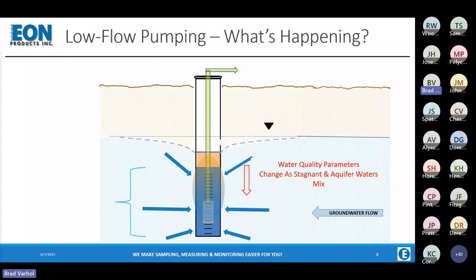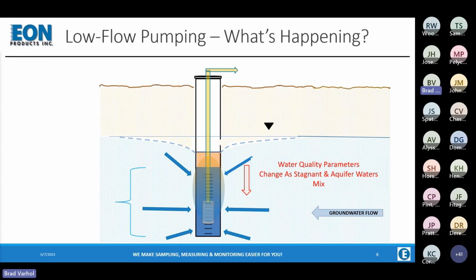And what that change is representing is that we're having a different chemistry of water that's flowing into the pump and out to our flow cell.